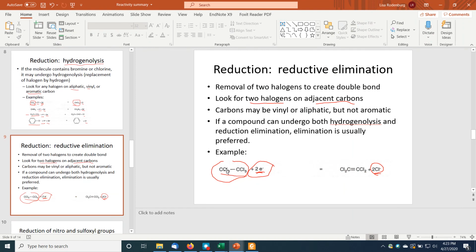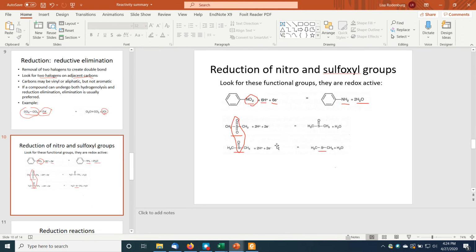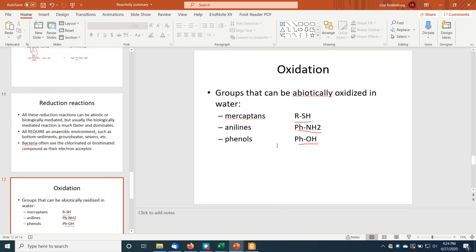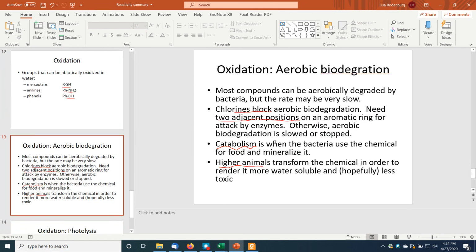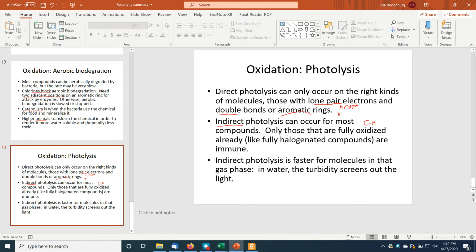Does it have halogens on 2 adjacent carbons that can undergo reductive elimination? Does it have nitro or sulfoxy groups? Is it one of these guys that can be oxidized? And can it undergo either direct or indirect photolysis? And practice that with as many chemicals as you can think of. And that is probably the best way to prepare you for the final exam.